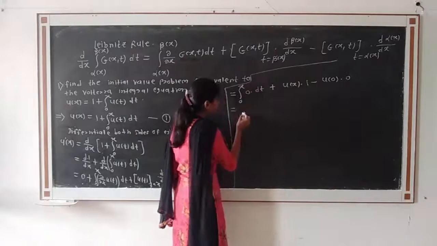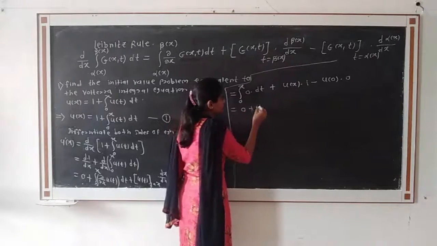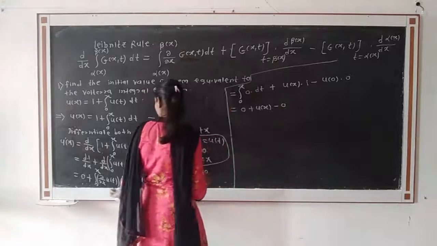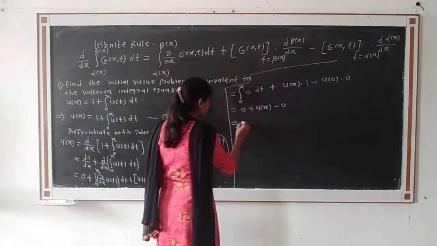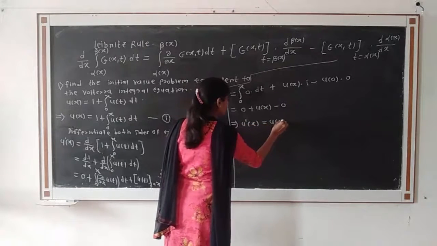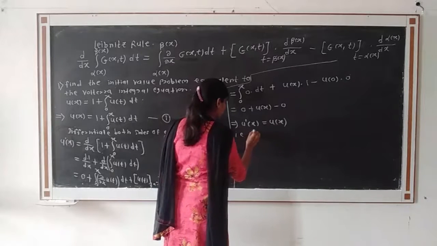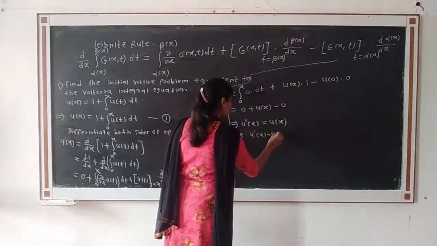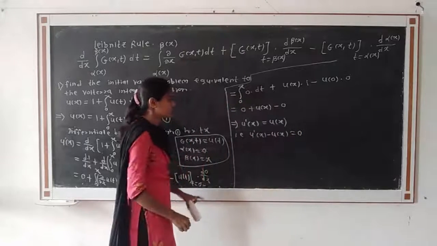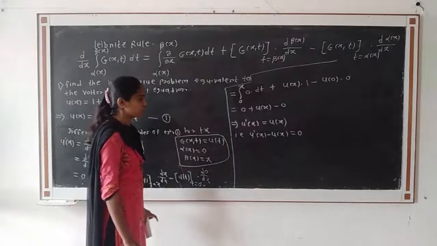This integration is 0 plus u of x minus 0, that is we get u dash of x is equal to u of x, or we can write it as u dash of x minus u of x is equal to 0. This is the ordinary differential equation.